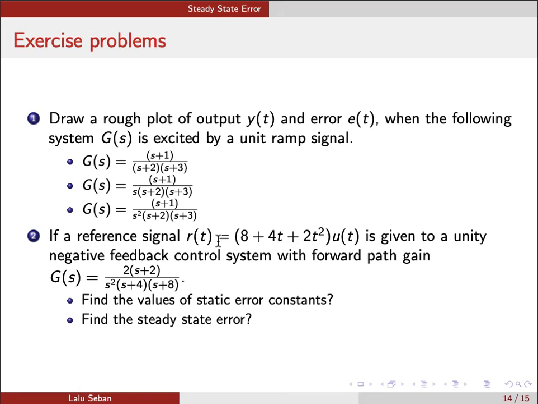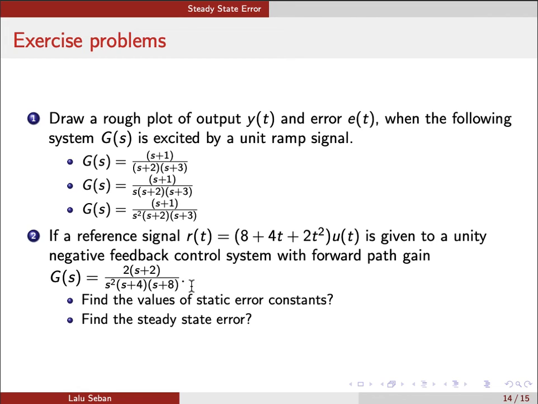Now let us see a more complex problem. A reference signal is represented like this. This is a combination of step, ramp and parabolic signals. The reference signal is given to a unity negative feedback control system with the forward path gain given like this.